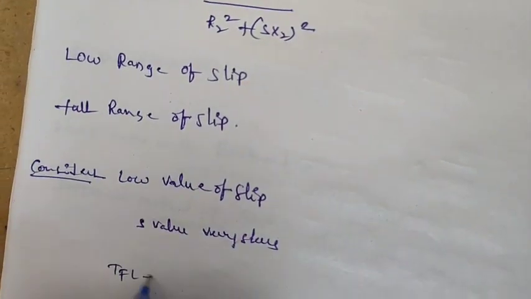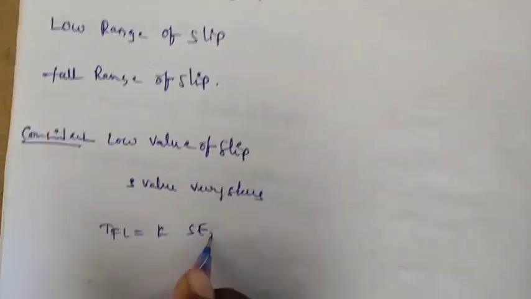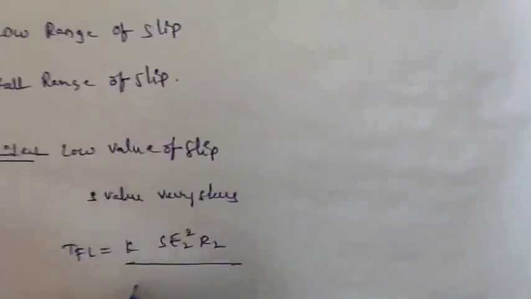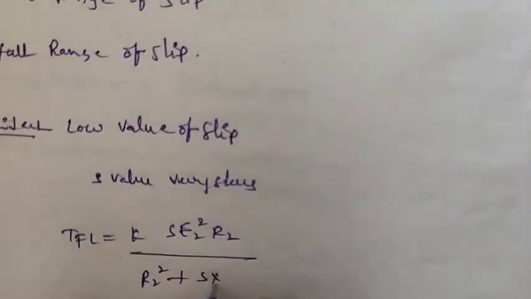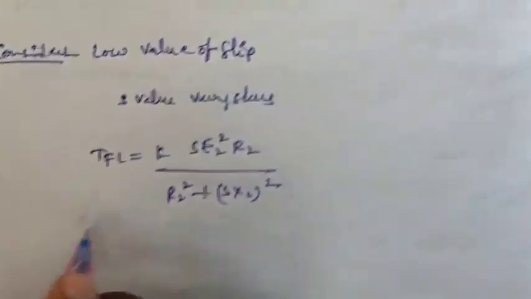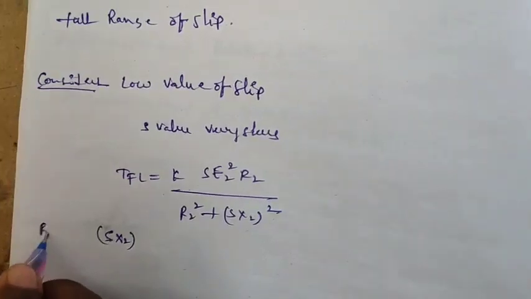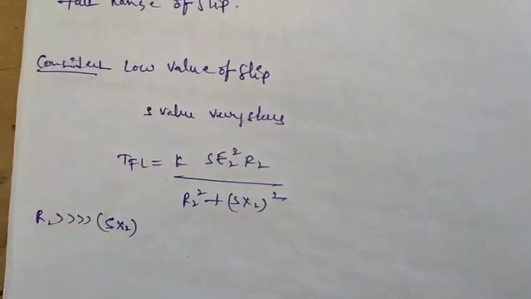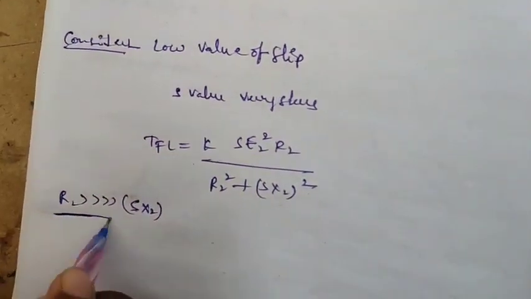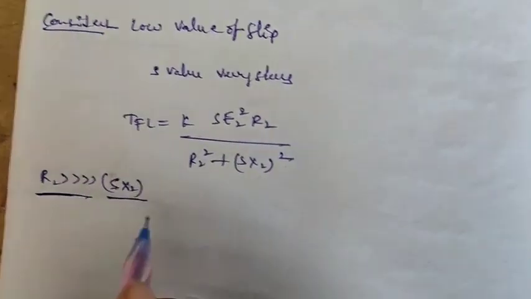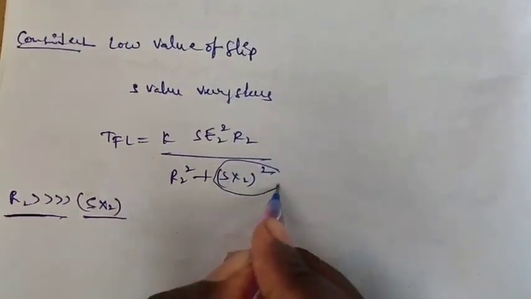The TFL is equal to K into S E2 square R2 divided by R2 square plus SX2 whole square. Here SX2 whole square is less than R2. The R2 value is very large compared to SX2, so we can neglect this one.